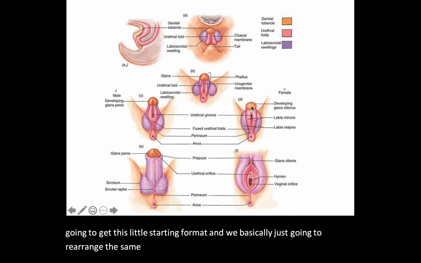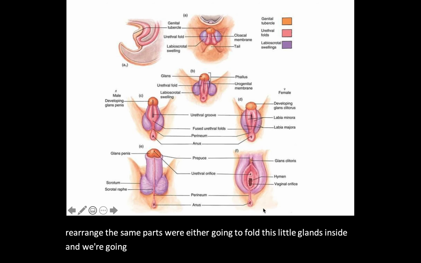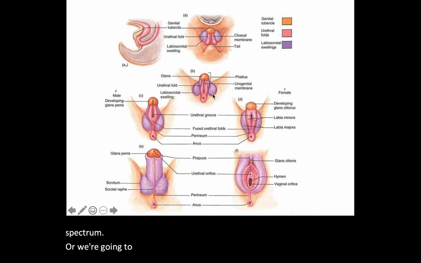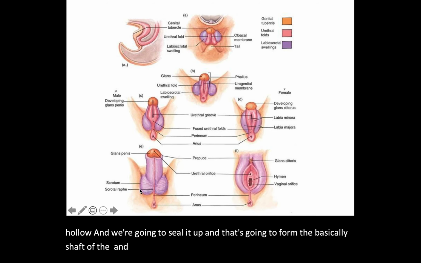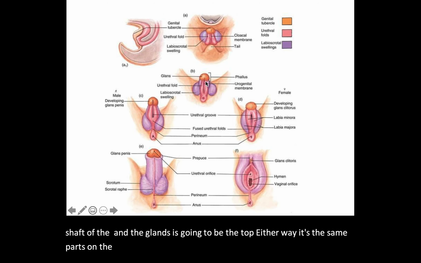We're either going to fold this little glands inside, and we're going to make what we would consider toward the female end of the spectrum, or we're going to seal up this little tube right here instead of having it as a hollow, and that's going to form basically the shaft of the penis, and the glands is going to be at the top. Either way, it's the same parts on the baby.